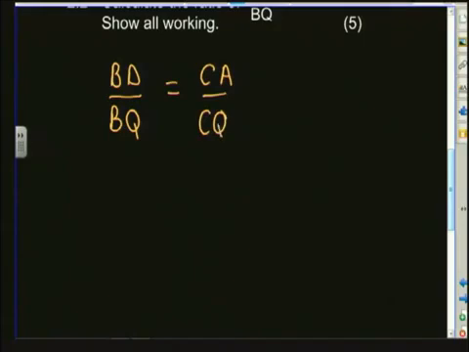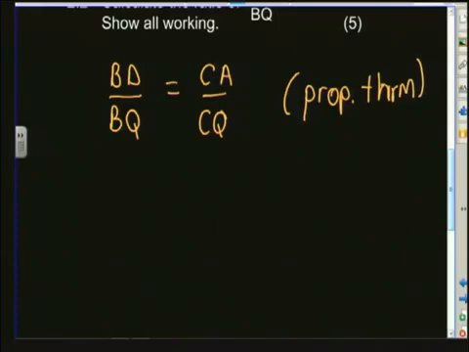and this is question 2.2, we can state that BD over BQ is equal to CA over CQ. And that's simply a fact from the theorem that we've applied.